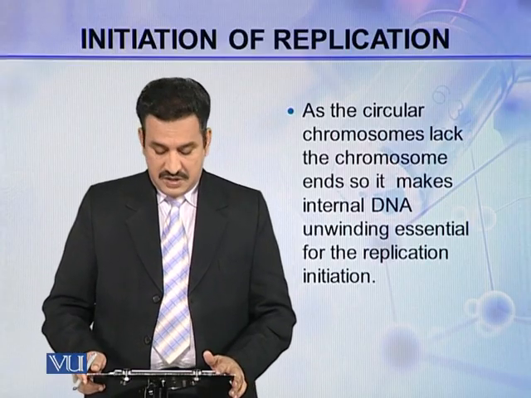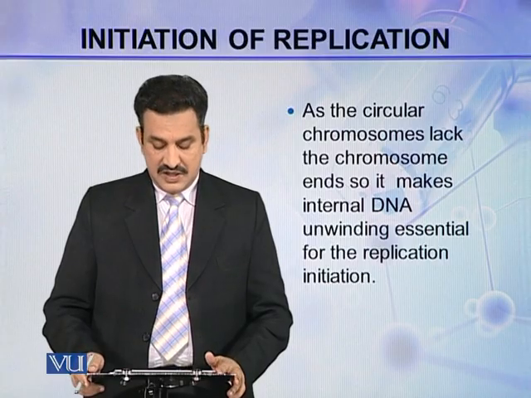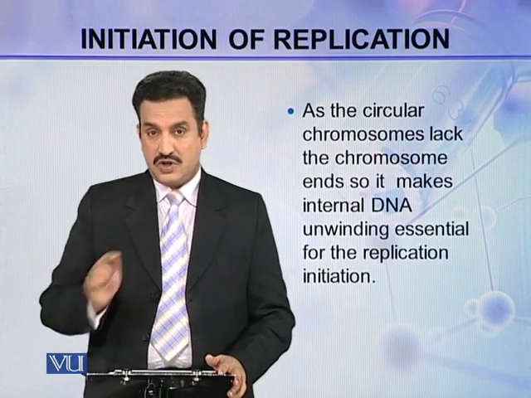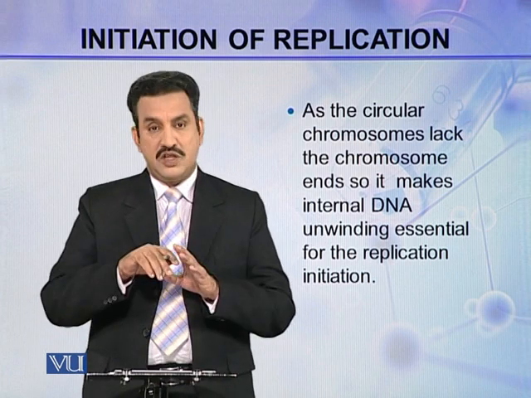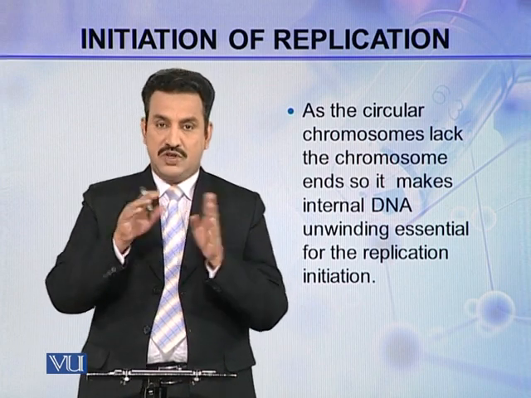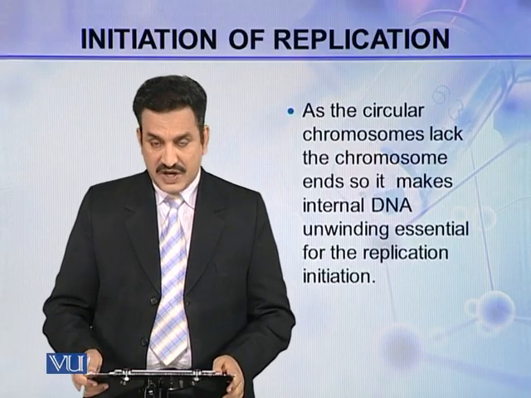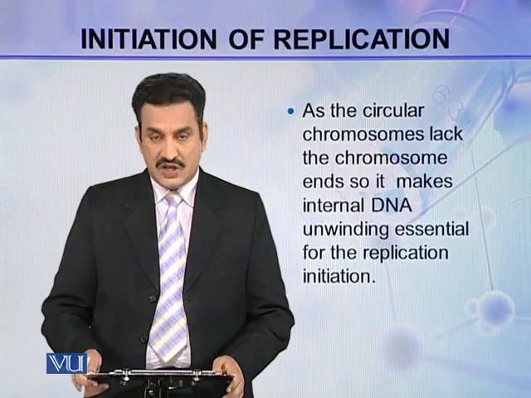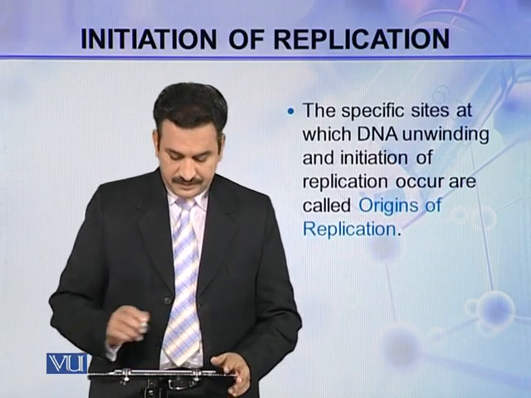And as the circular chromosomes, which are present in bacteria, lack chromosome ends, there is no end in these circular chromosomes. So it makes internal DNA unwinding essential for the replication initiation in bacteria.